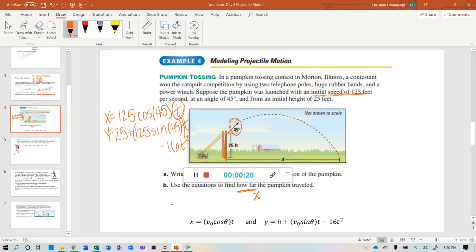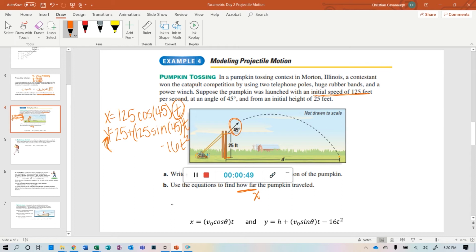So this is going to seem a little bit weird, but to figure out how long the pumpkin was in the air, we're going to look at this y equation as if it was in rectangular form. So basically, we just need to know when the pumpkin hits the ground. So we need to know when y equals 0.